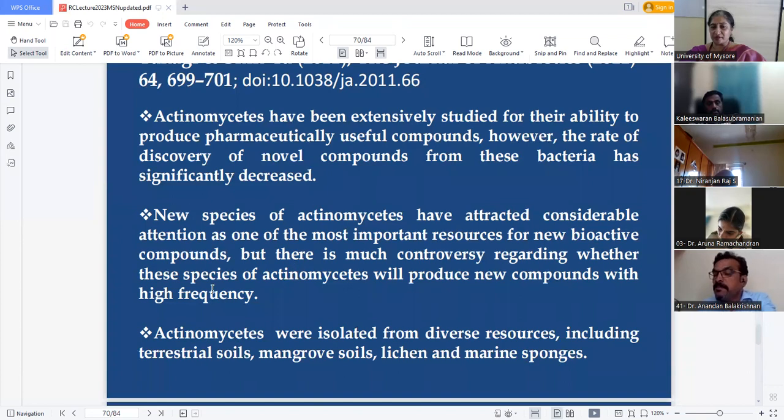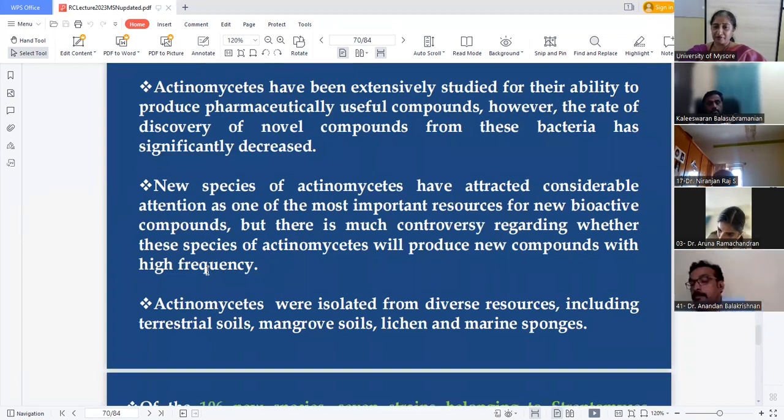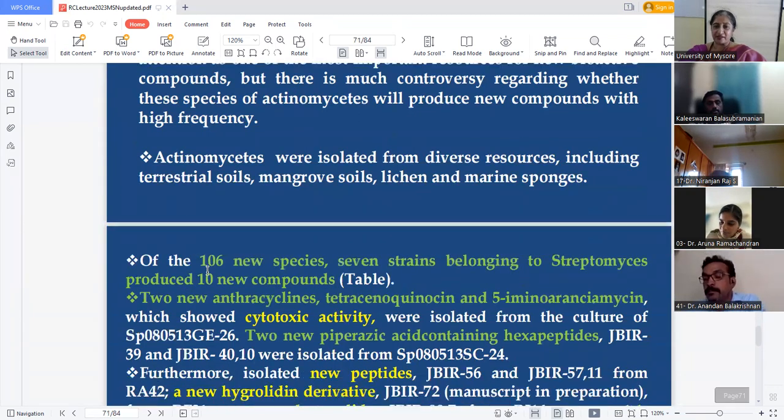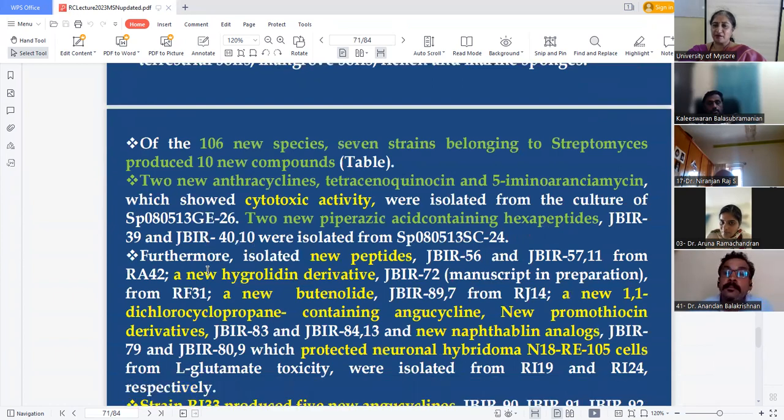So what these authors have done is they have isolated the actinomycetes from several areas, endophytes, medicinal plants of origin, then from the marine environment, from the soil, etc. So of the 106 new species that have developed, 7 strains belonging to Streptomyces produced 10 new compounds.